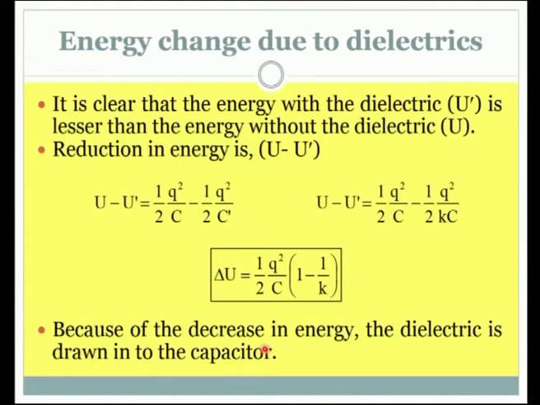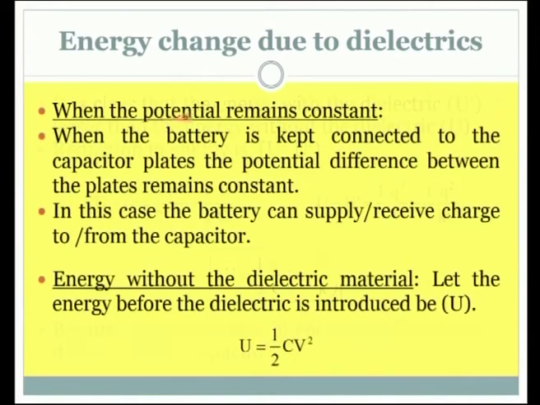Now, as I said, we will take up the next case. When the potential remains constant, what is likely to happen? When the battery is kept connected to the capacitor plates, the potential difference between the plates remains constant. In this case, the battery can supply or receive charge to and from the capacitor. So, this point we have to keep in mind.